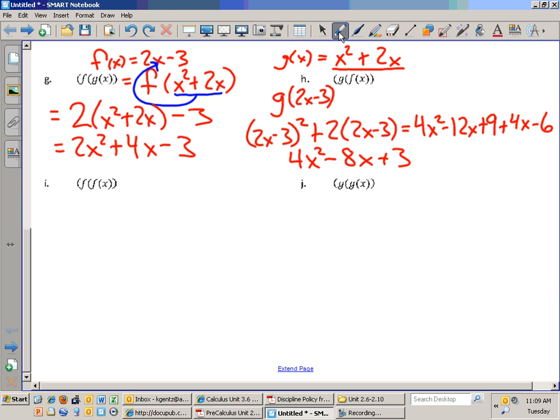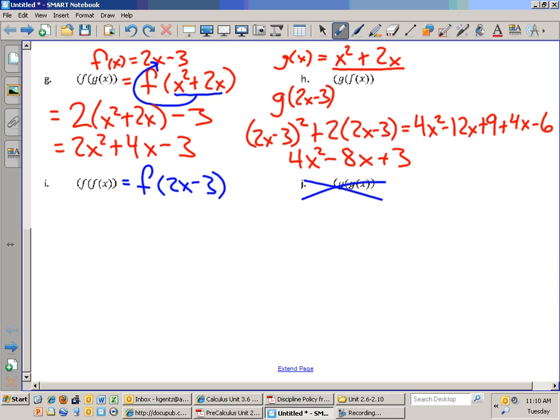Let's do one more. Let's cross off J. I don't want to do it. Let's do I. We've got f of x. Can you do that? Sure can. This would be f of 2x minus 3.